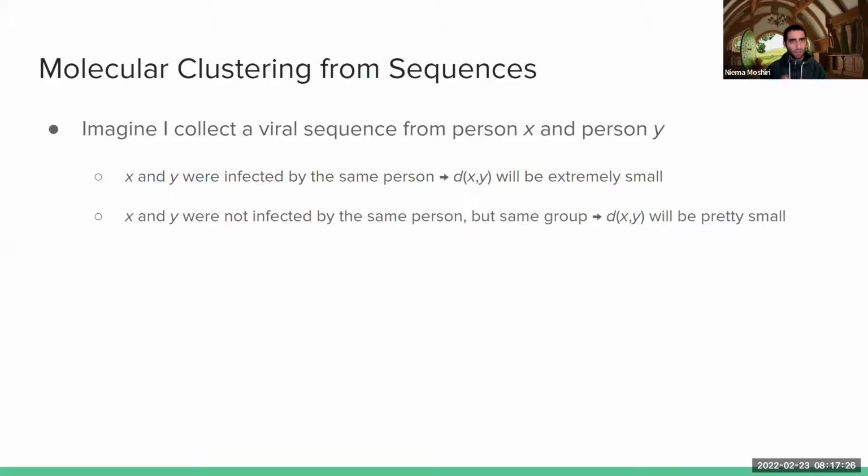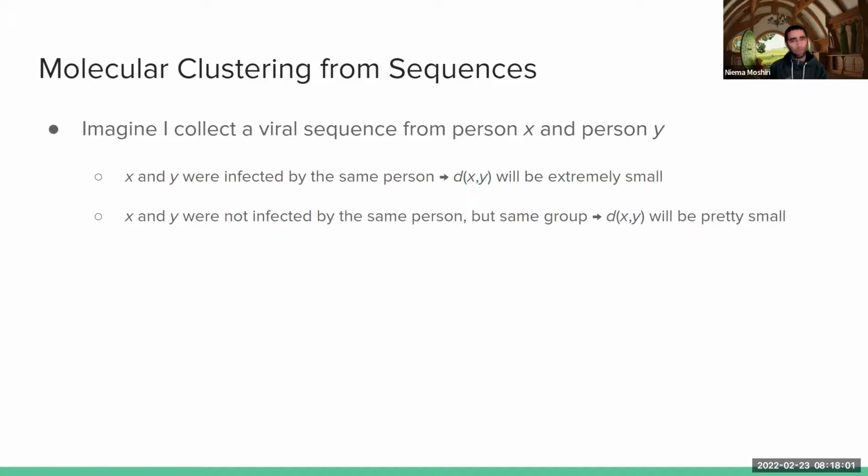Okay. Another scenario is, what if person X and person Y were not infected from the same person, but they're in the same general group of infections? Maybe some common individual infected someone, who infected someone, who infected person X. That same person infected someone, who infected person Y. So they are both recently infected from the same general source. Maybe they're at the same concert, maybe it's the same outbreak, but they weren't infected from the same exact person.